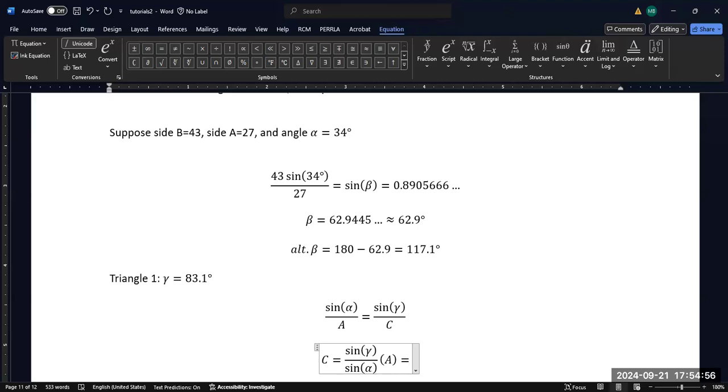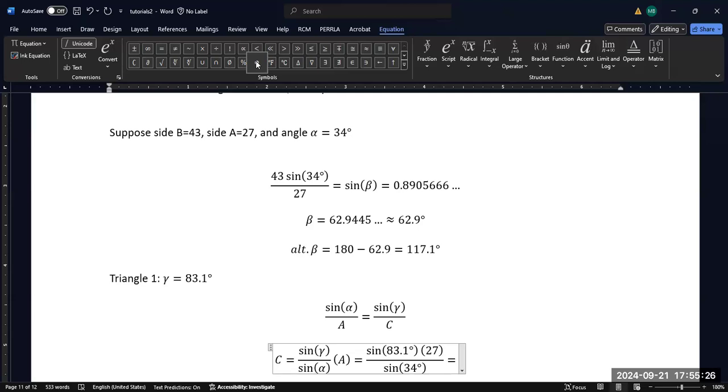So in this particular case, we would get sine gamma in the first triangle is 83.1 times A, our original A was 27, and then divide by sine of our original alpha, which was 34. And then we throw that into our calculator.